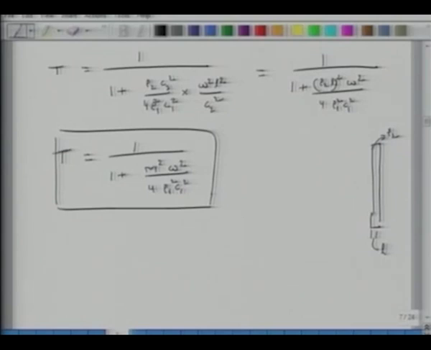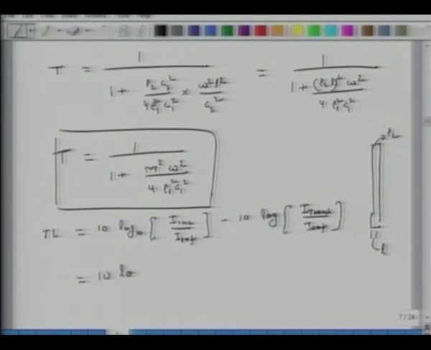So if I want to compute transmission loss, which I call TL, in decibel scale, then that will be 10 logarithm on base 10 of I incident over I reference minus 10 log of I transmitted over I ref, and then this essentially becomes 10 log in base 10 of I incident over I transmitted.